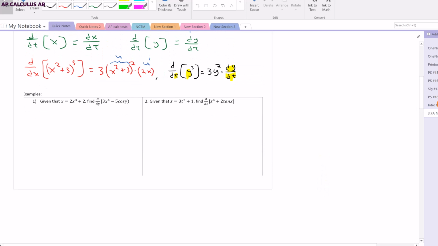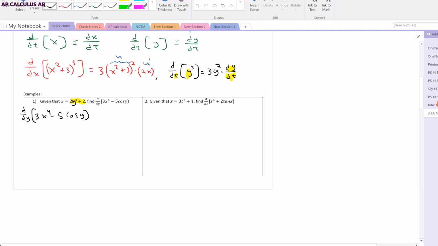Okay, so we're given that this function, this should say y, x is 2y cubed plus 2. And I want to find d dy of 3x to the 4th minus 5 cosine y.